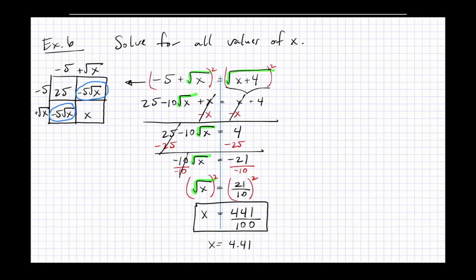So the last thing I've got to do is check to see if that's an acceptable answer. So I'm going to rewrite the original, except anywhere I see an x, I'm going to plug in 4.41.